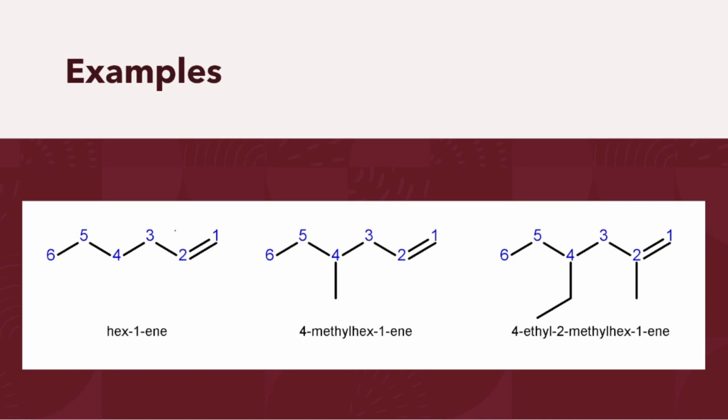For example, if we have this compound, the longest carbon chain contains 6 carbons, and as we can see, the longest carbon chain contains the double bond here. As we have 6 carbons, we have hex, and because we have one double bond, this is an alkene, so the ending here will be ene.